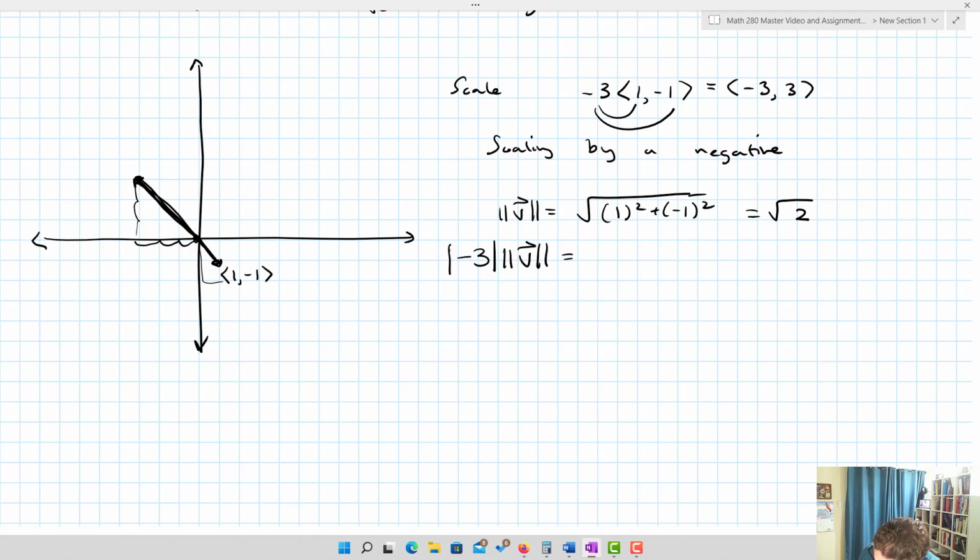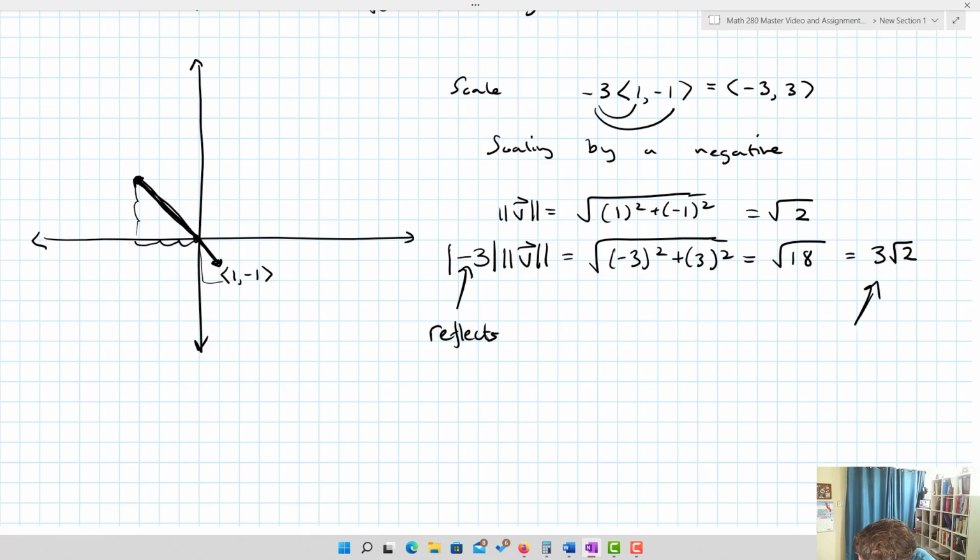And you'll see that we've got the square root of negative 3 squared plus 3 squared. So don't forget, it should be positive. And so that's the square root of 9 plus 9. That's root 18, which is equal to 3 root 2. And so we've tripled the length. Okay, so the negative reflects and the magnitude is tripled. And that's how scalar multiplication works.